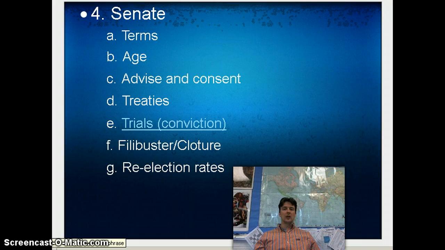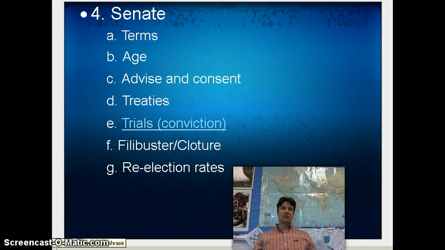Filibuster and cloture. Filibuster is something that exists only in the Senate, and in fact, it is not in the Constitution. But in many ways, it keeps the United States Congress from getting much done. The filibuster is essentially, today, because there are fewer rules in the Senate, a senator can talk as long as a senator chooses to.